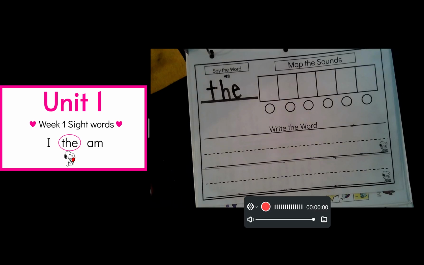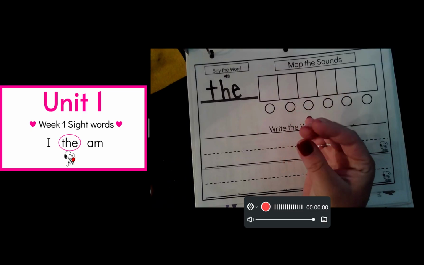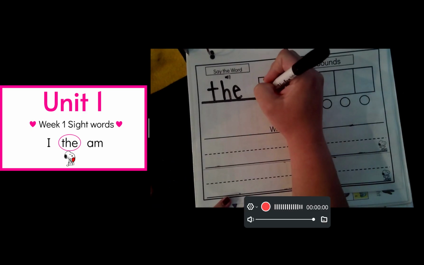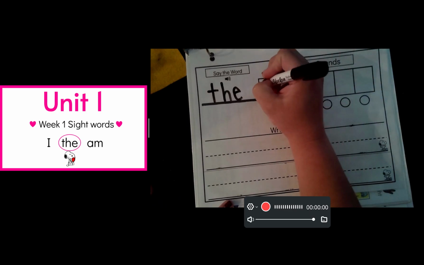Let's map out the sounds. The. The has 2 sounds. The first sound I hear is the. This is spelled with TH.